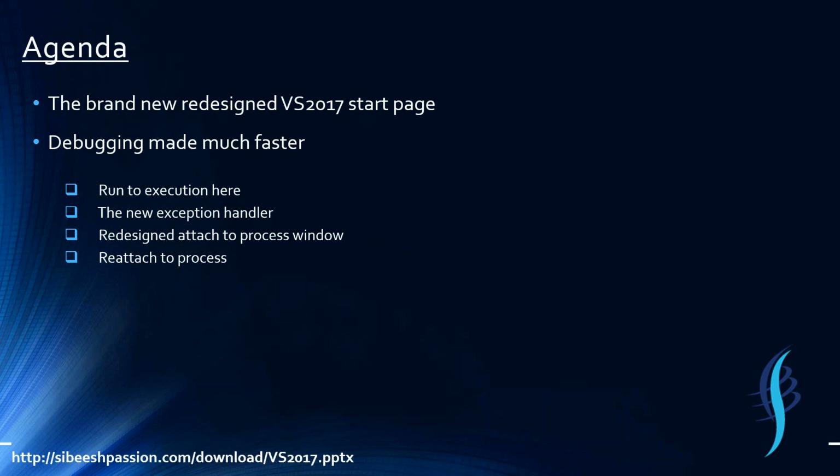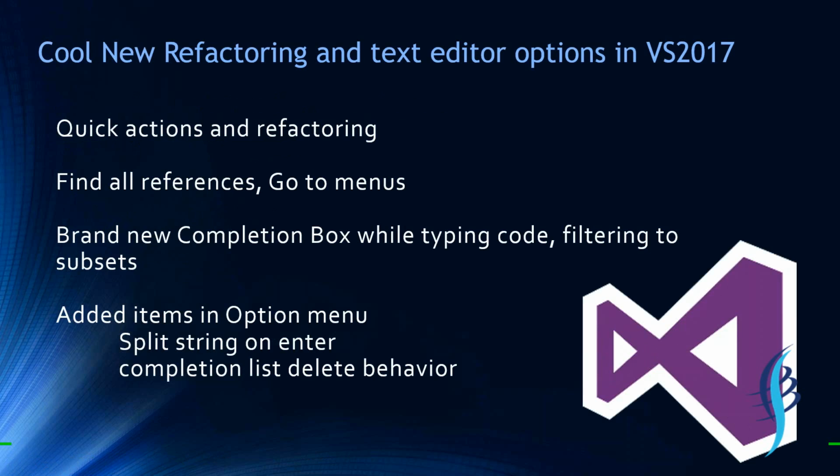The first thing will be looking at the brand new start page design of VS2017, and then we will go to the debugging options available in VS2017. As I said earlier, here in this link, you can download the PPTX file. And we'll see some cool new refactoring and text editor options in VS2017, that's quick action and refactoring.